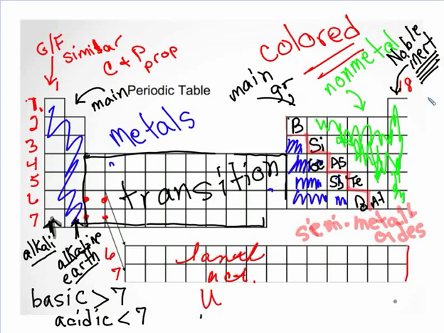Key vocab word is inert. Inert means non-reactive. They're very stable. You've got helium and neon and argon and krypton, and by and large they're very, very non-reactive. So you should know what that word inert means.